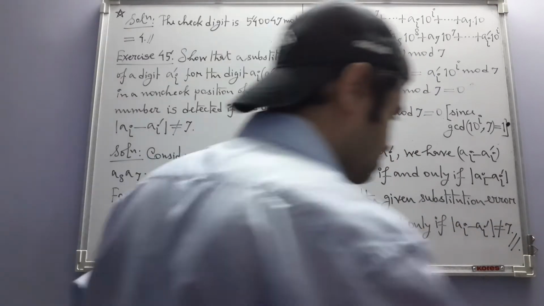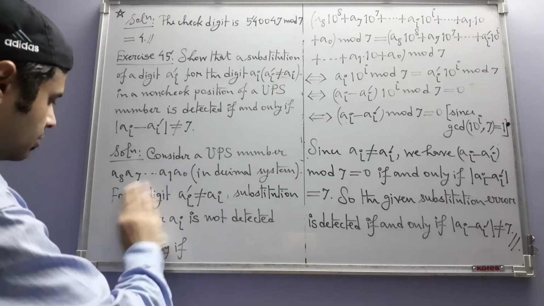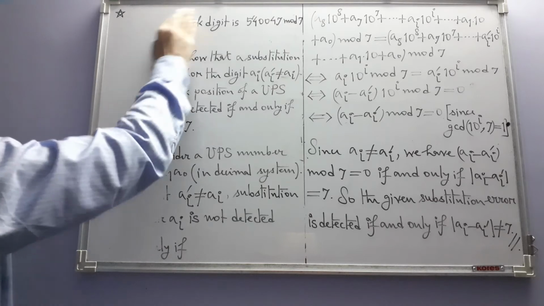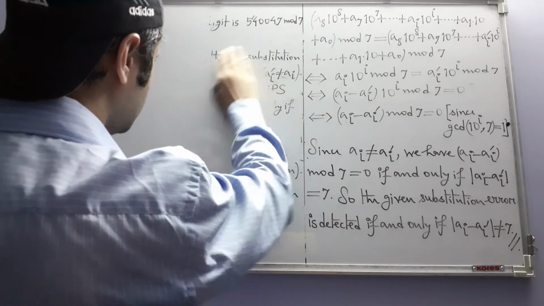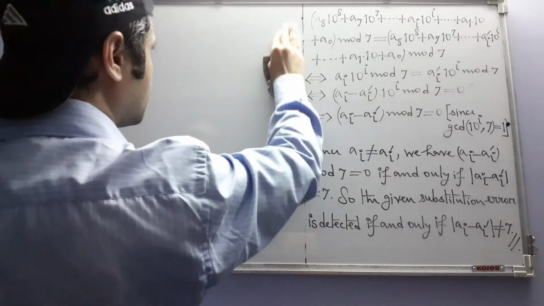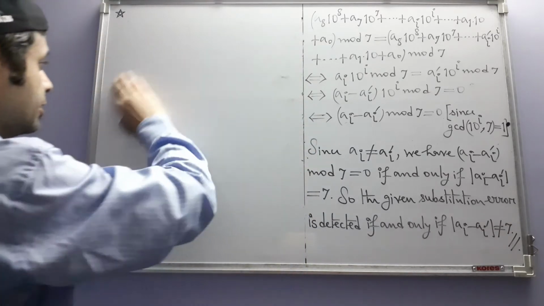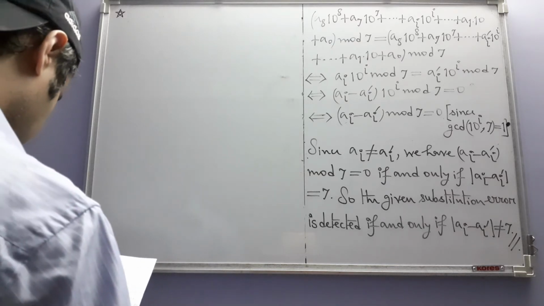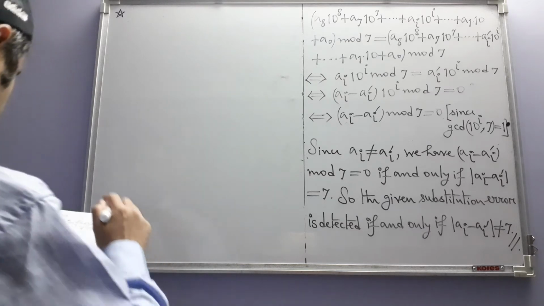Okay, and keep in mind this is for that rental car. There this system is used where the modulus is 7, unlike the United Parcel Service where the modulus is 9. Or the money order identification number, there the modulus is 9. In United Parcel Service also the modulus is 7. Okay.